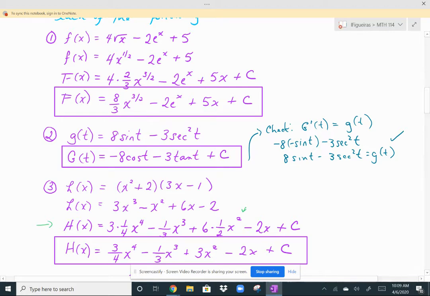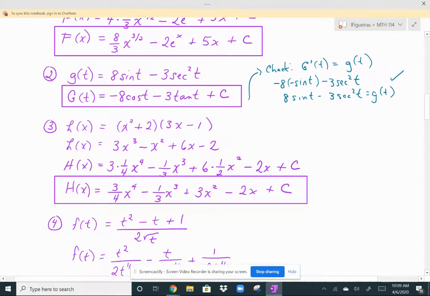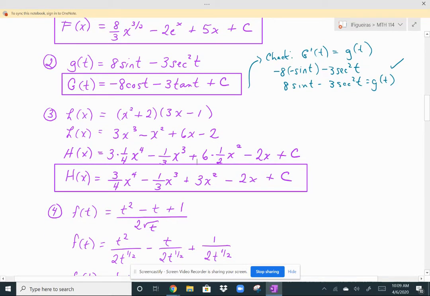Now remember, the antiderivative of a constant is just attaching the variable to the constant, so that's minus 2x, then plus c. Then we simplify our fractions, or multiply whatever's appropriate. So you get capital H of x equals 3/4 x to the 4th minus 1/3 x cubed plus 3x squared minus 2x plus c as a final answer.